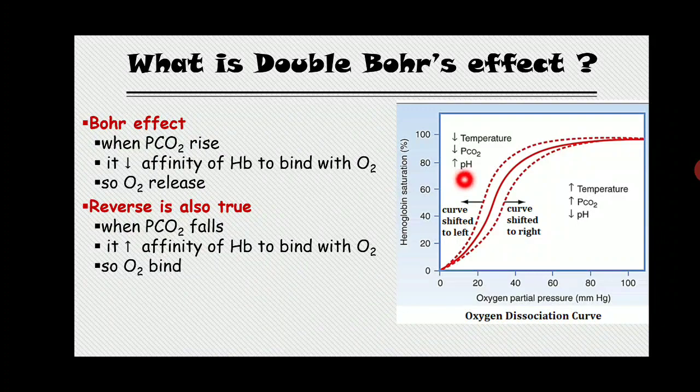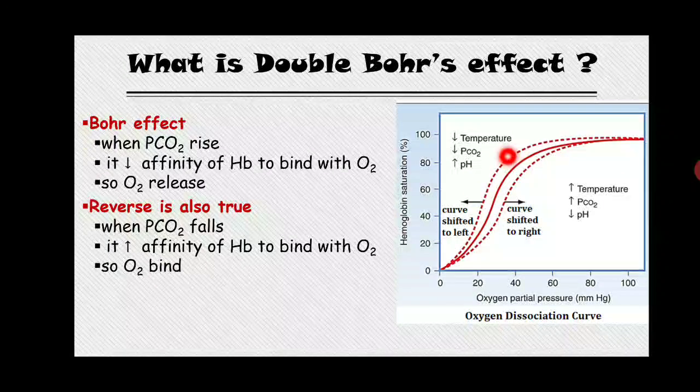Now if you see this picture from the maternal side, more carbon dioxide will enter the maternal circulation. So the blood inside the maternal circulation becomes more acidic.